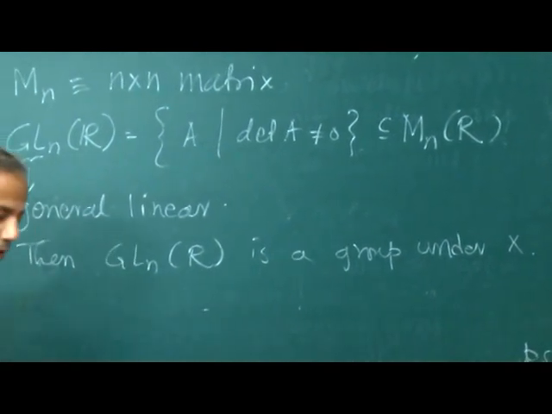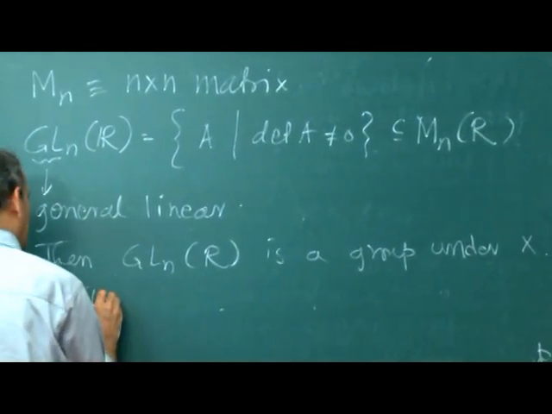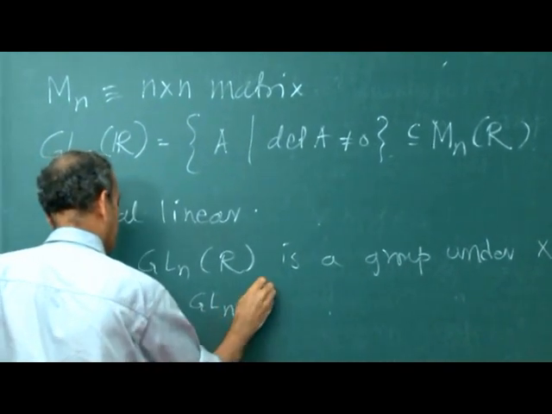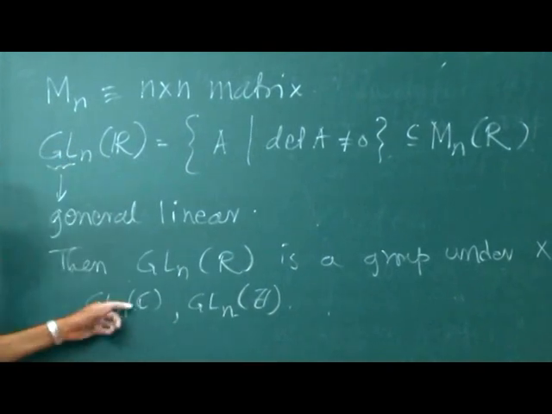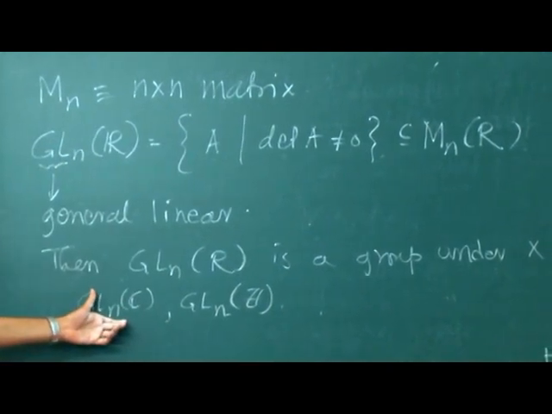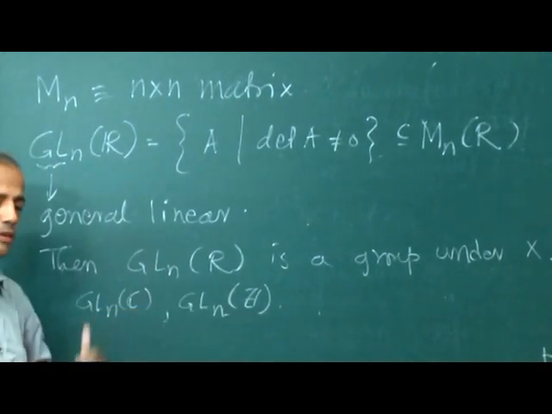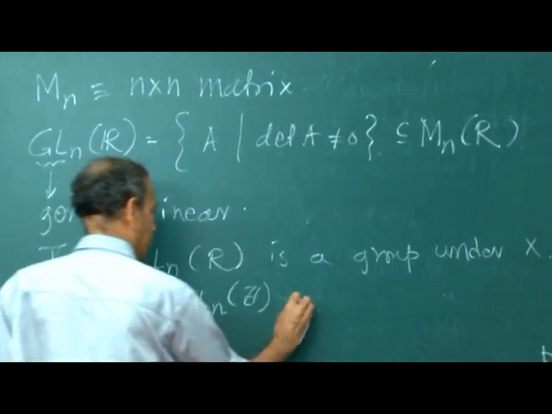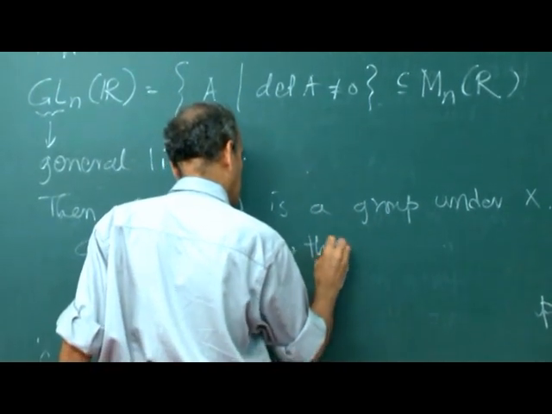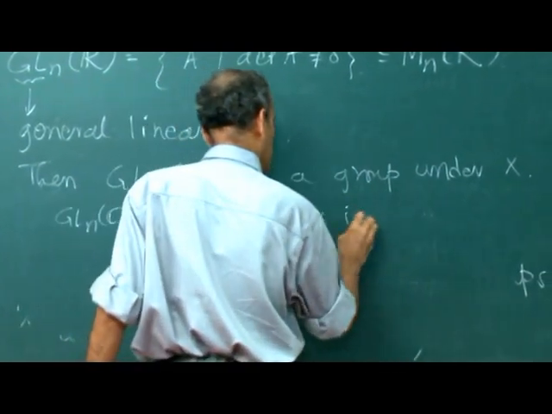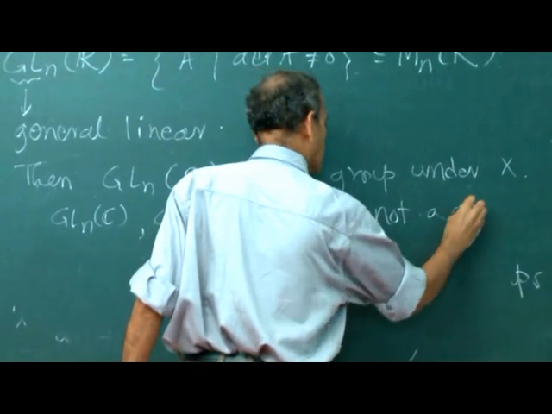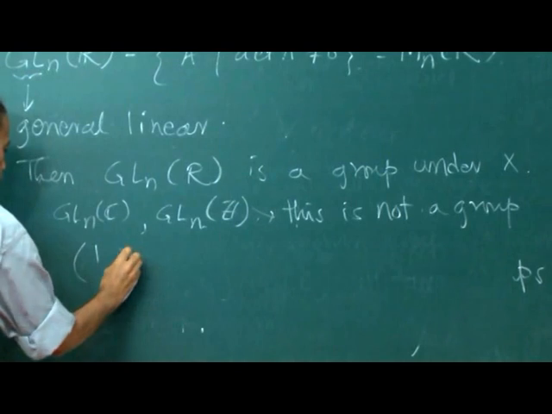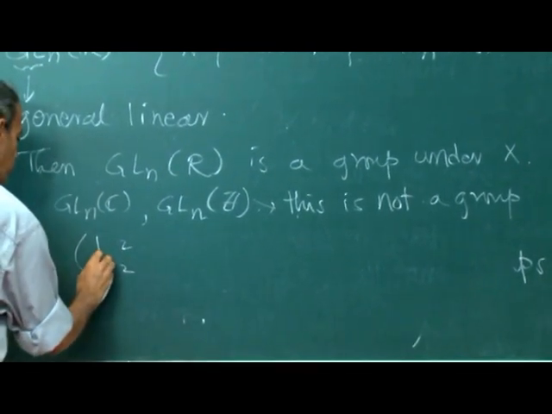Similarly, we can write down GLn(C) and GLn(Z). These are complex non-singular matrices, and these are integral non-singular matrices. Here, this is not a group. Why? Suppose you consider the integer matrix with rows 1, 2 and 2, 0.